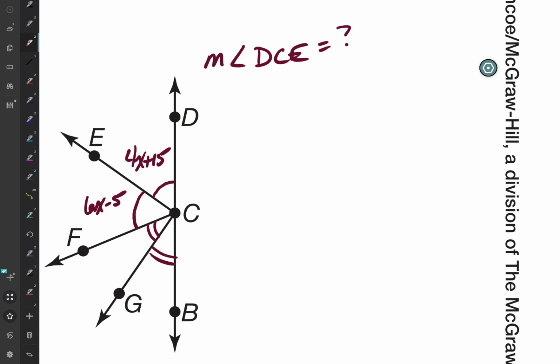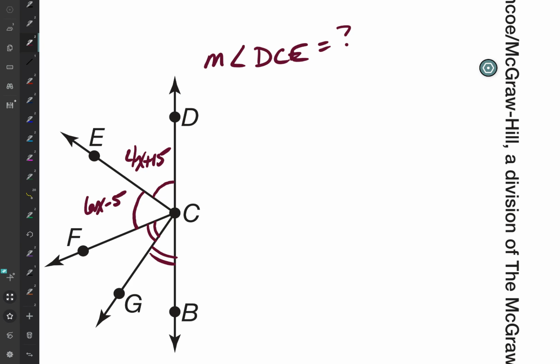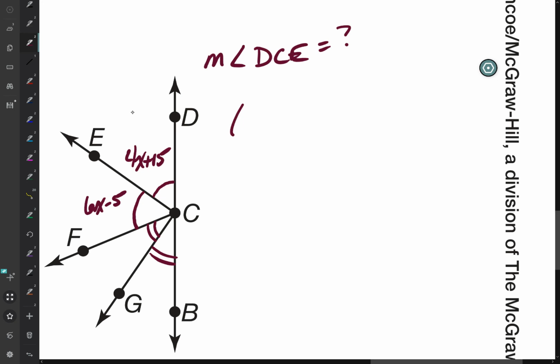I need to create an equation, correct? How do the two quantities that have been given to me relate to each other? Do they add to something? Or are they equal? Oh, okay. They're equal to each other, are they not? Because I said they're congruent. So 6x minus 5 is equal to what?